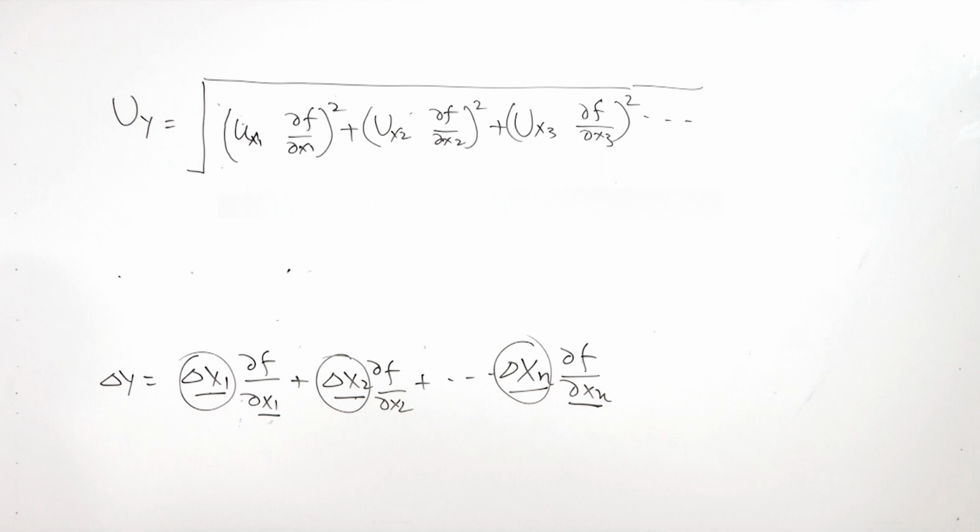Now the question is why we are squaring and adding, which is known as a Pythagorean sum. Why are we not simply adding these values, right?